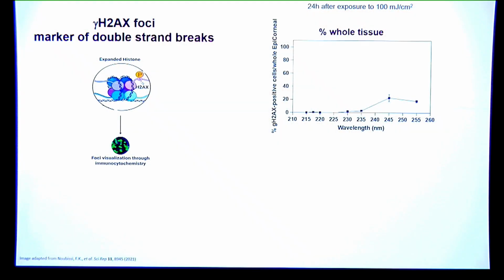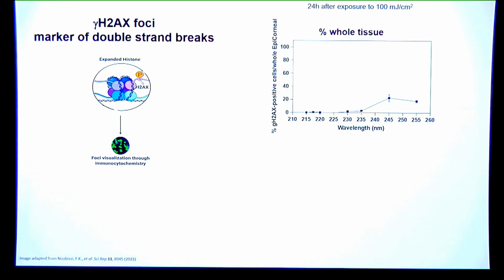But at the same time, my quest is finding another biomarker, a more specific biomarker, rather than just CPDs, to look at potential damaging effects. So we looked at another type of DNA damage, gamma H2AX foci, that are usually associated with double-strand breaks, actually with ionizing radiation-induced double-strand breaks. But I wanted to look at a different type of DNA damage.